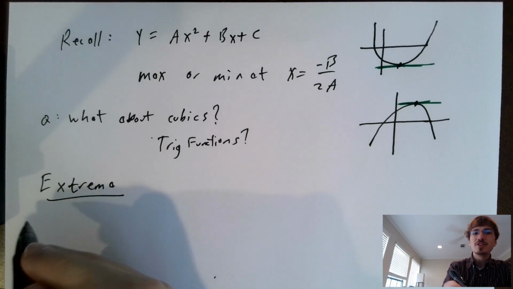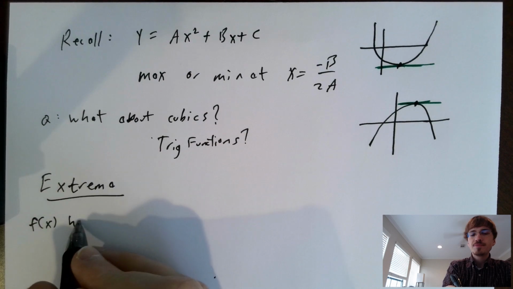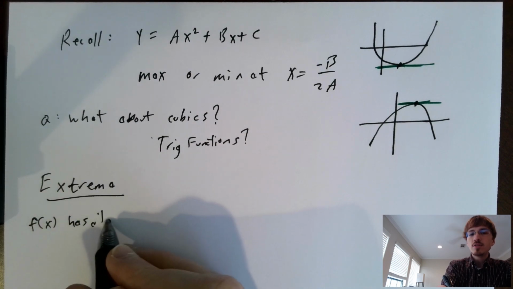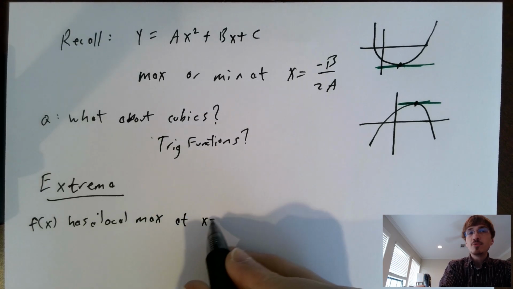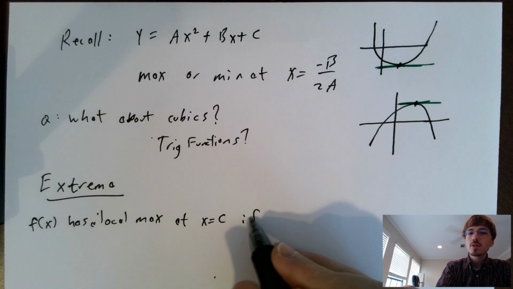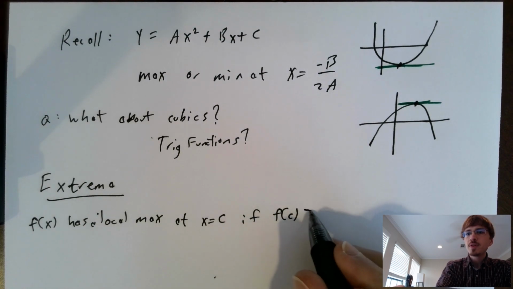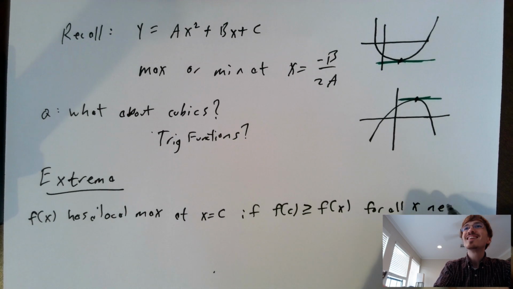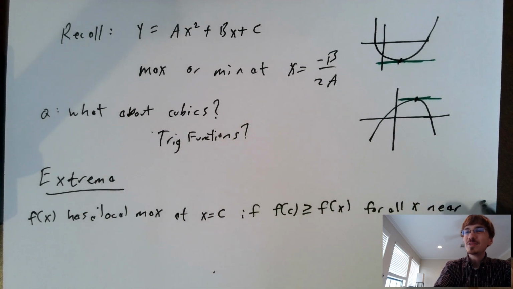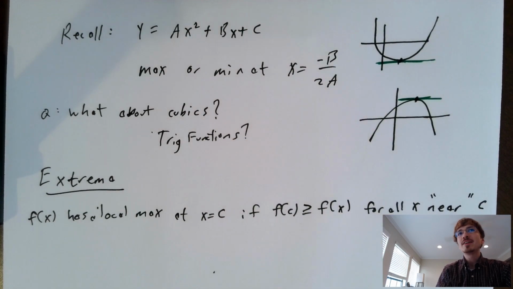So let's begin with the definition. A function f of x has a local maximum at the point x equals c if f of c is bigger than or equal to f of x for all x near c. F of x has a local maximum at x equals c if f of c is bigger than everything near it.